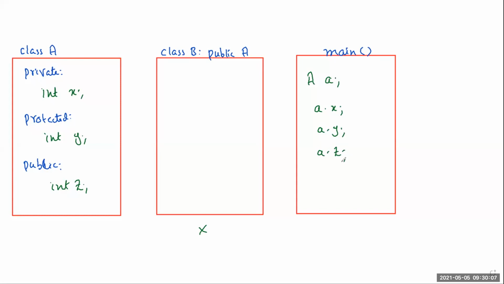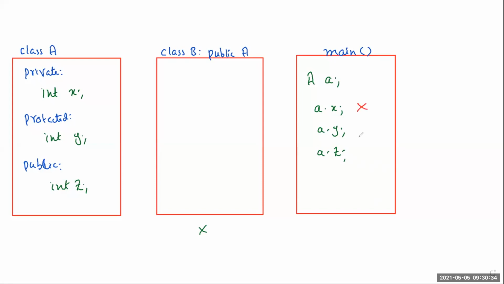I'm not doing any inheritance. There is no B for the time being. Now tell me, then we proceed. Yes, a dot z is legal, and the rest two are not legal. So this we know already, whether there is inheritance or no inheritance. It is not dependent on inheritance.